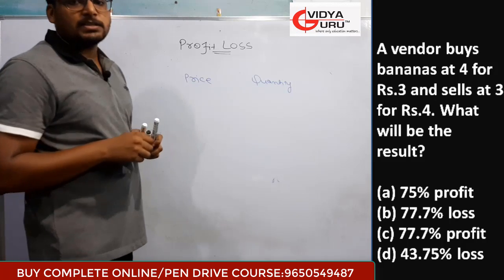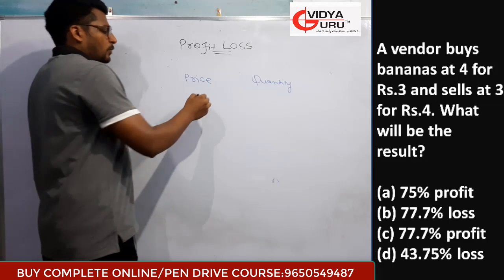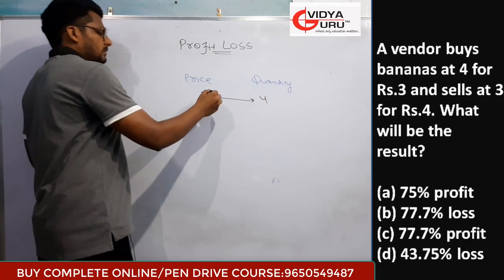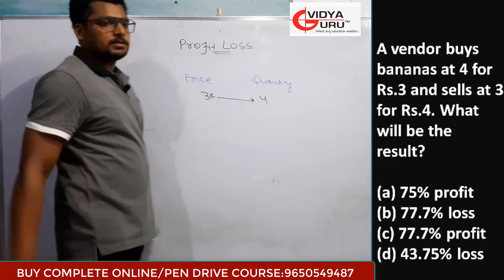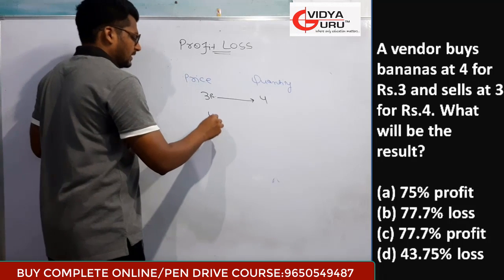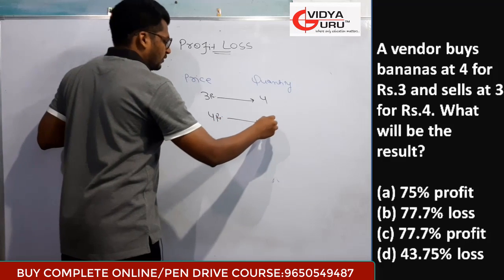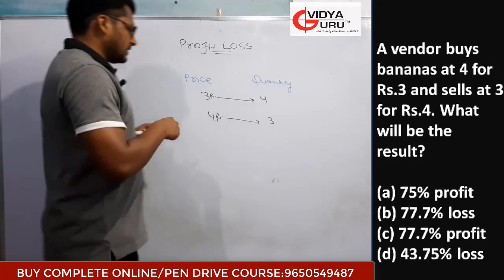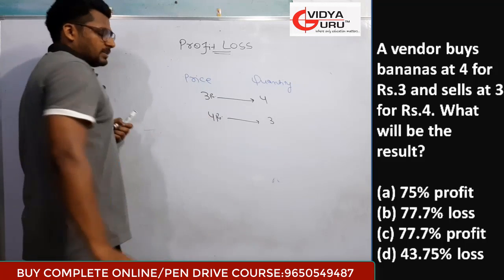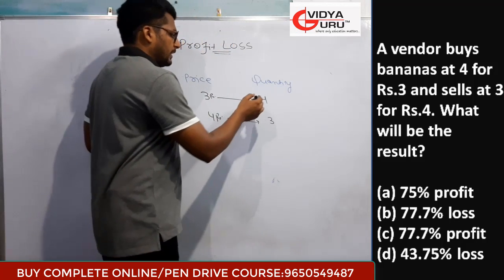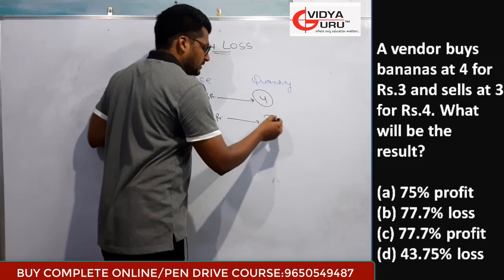The question is saying he buys 4 bananas for rupees 3 and sells at 3 for rupees 4. Now he purchased at this price and sold at this price, and he is selling all the bananas he has purchased, but here he has purchased 4 and now he is selling 3.